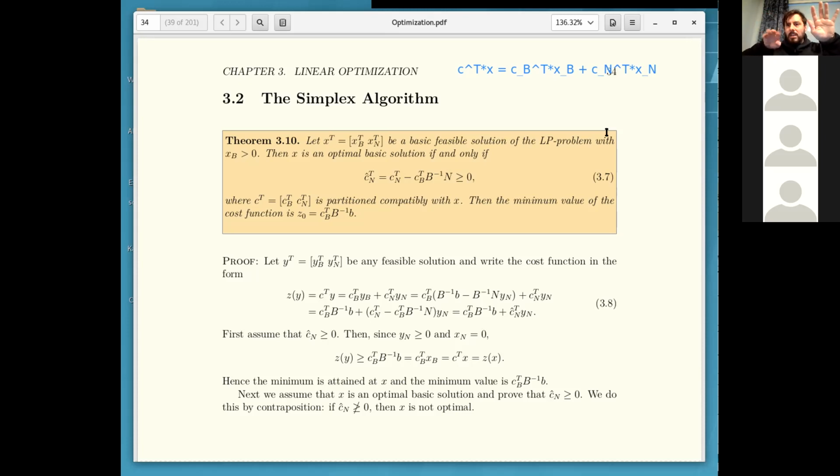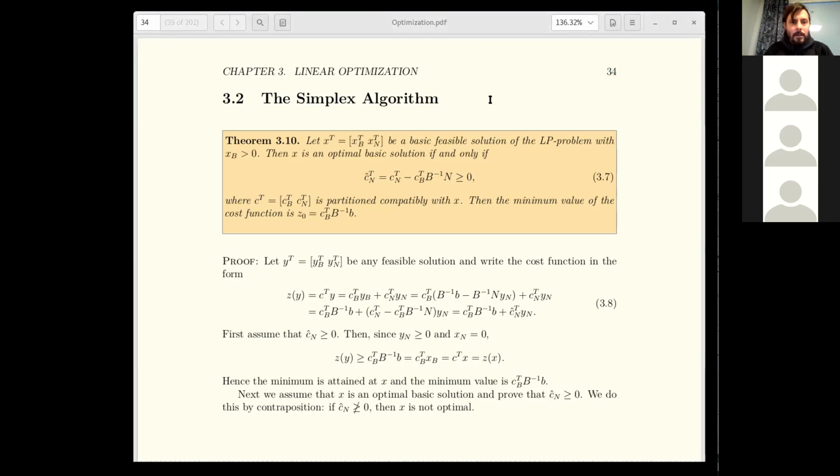But when we change this null part, then this B part has to change in order to satisfy BxB plus NxN equals b.